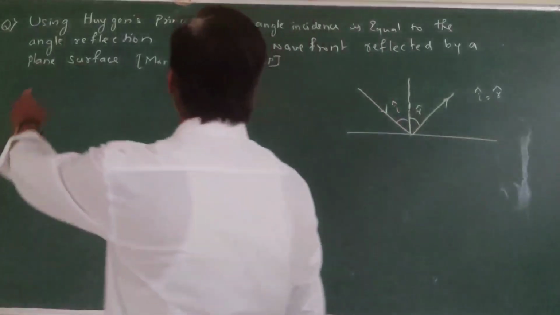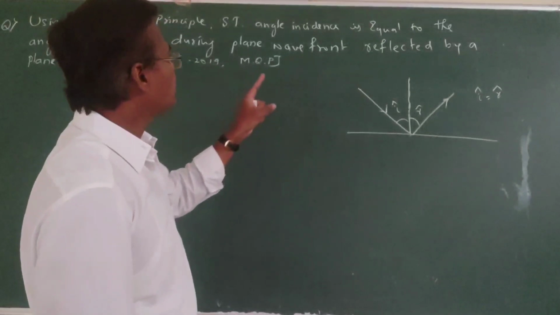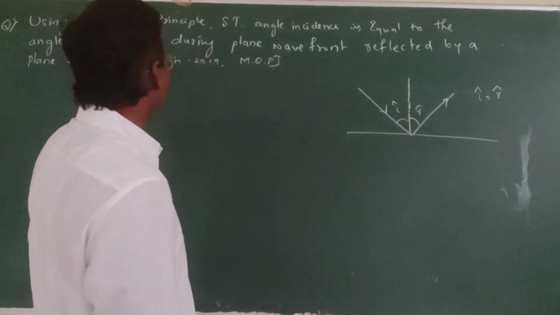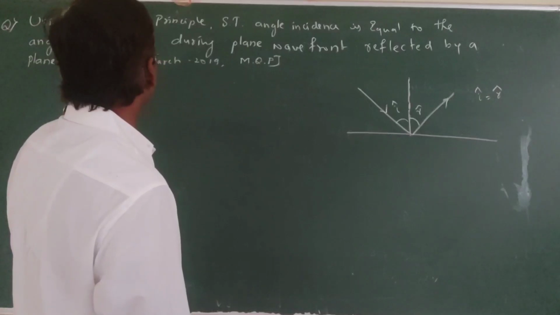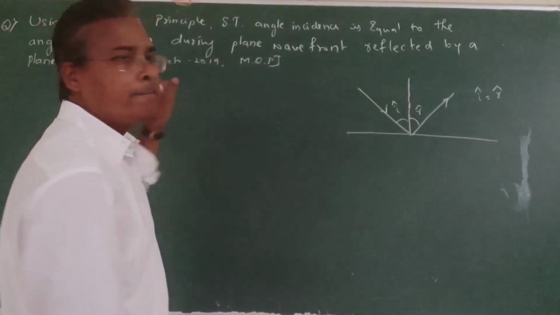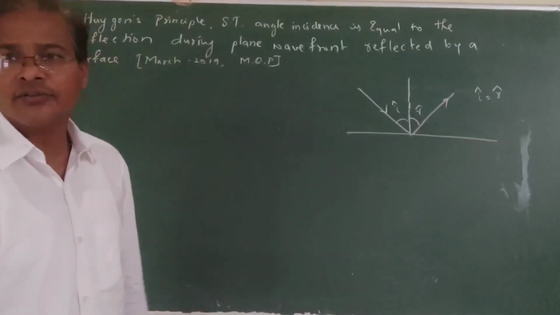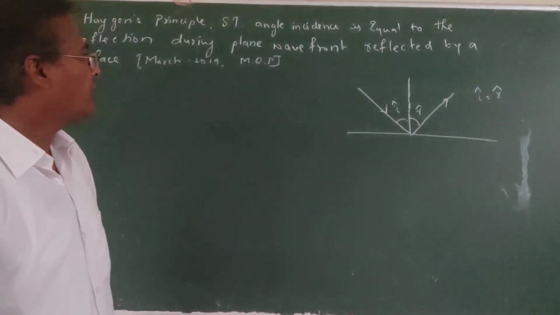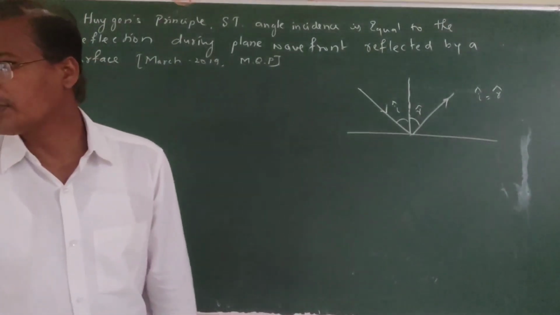So here, using Huygens principle, show that the angle of incidence is equal to the angle of reflection during a plane wavefront reflected by a plane surface. It was asked in 2019 and it is given in the model question paper also.